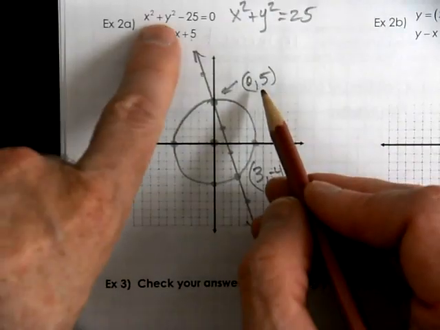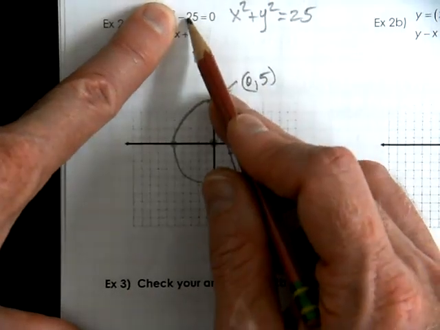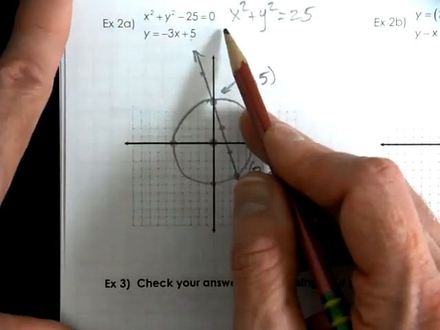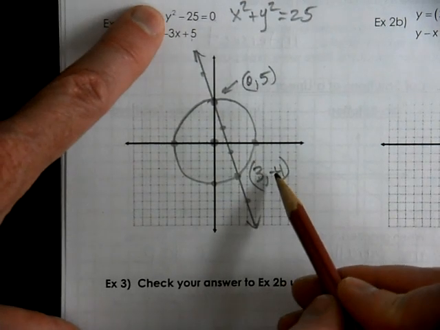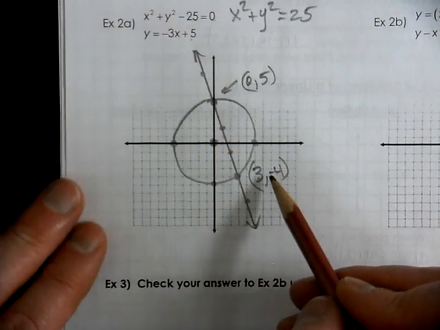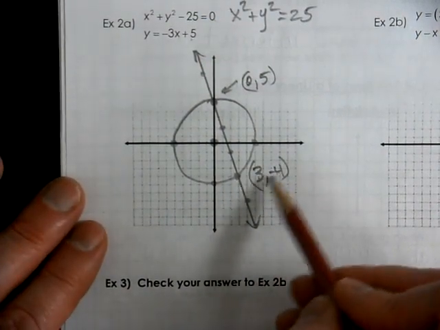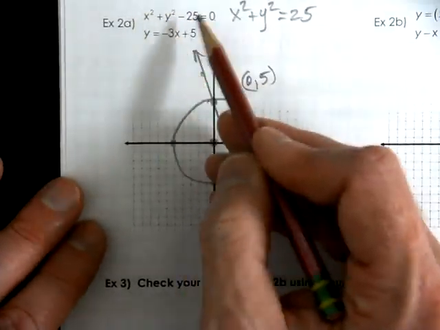So if you plug the points in, 0 squared is 0. 5 squared gives you 25. Minus 25 is 0. 3 squared is 9. Negative 4 squared is 16. Added together is 25. Minus 25 is 0. So this point, actually both points, work in the first equation.